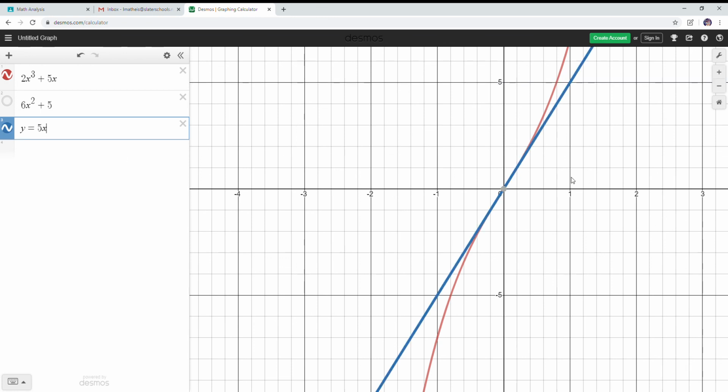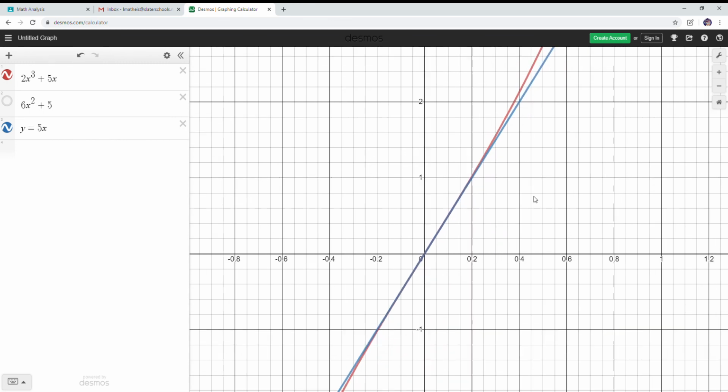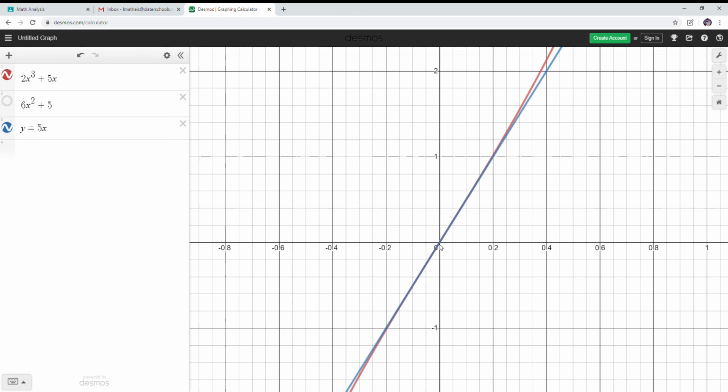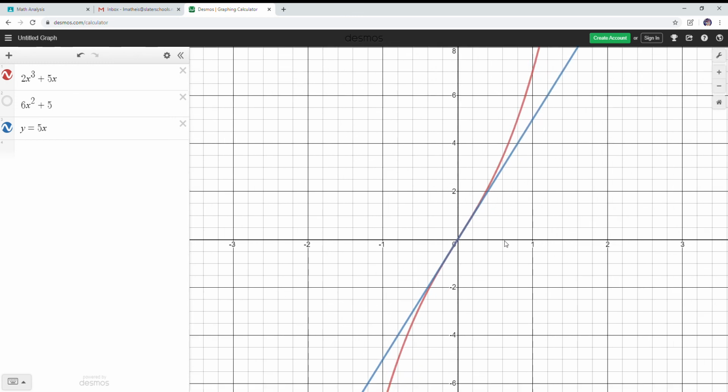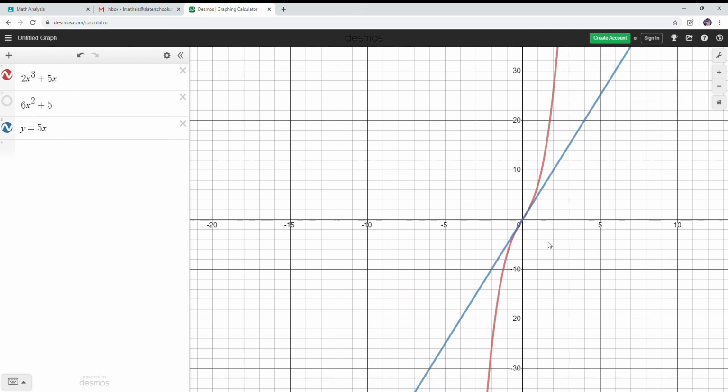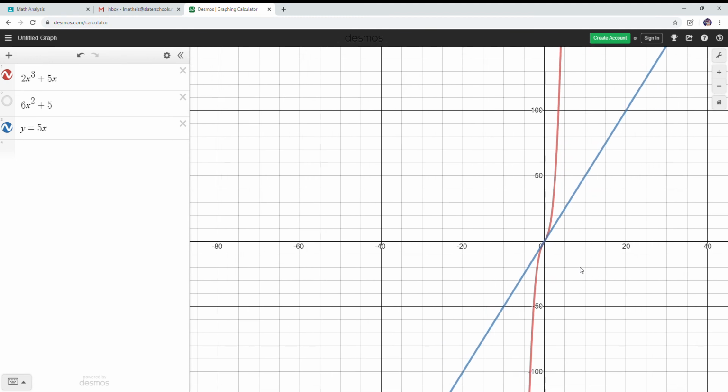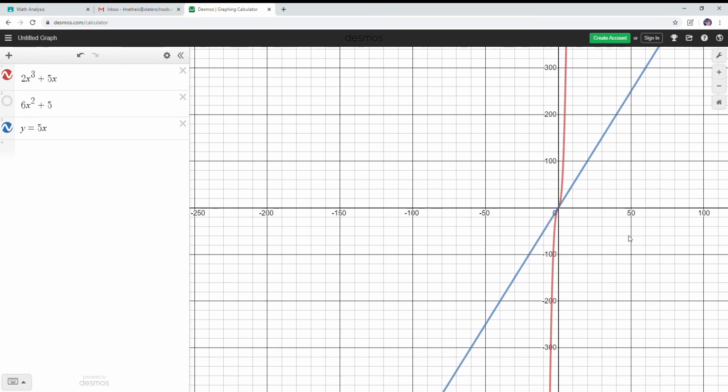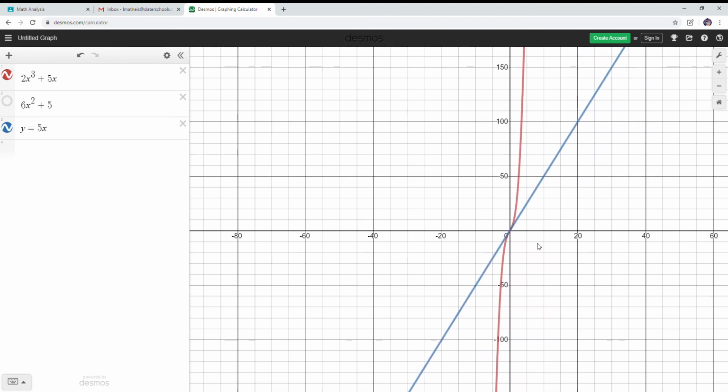There we go. So, like I was saying, you can see that it goes on separate sides of the original function, the red line, because our blue line here is tangent. If we zoom in, we can see that it really does only intersect at this one point, and it stays tangent to all the other parts of the line, no matter how far out we zoom.